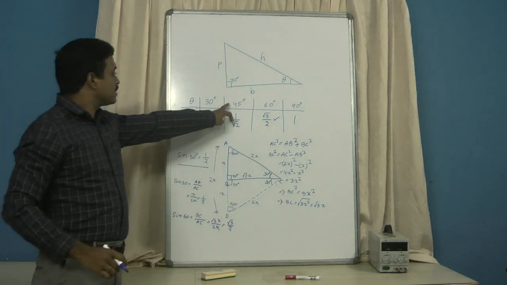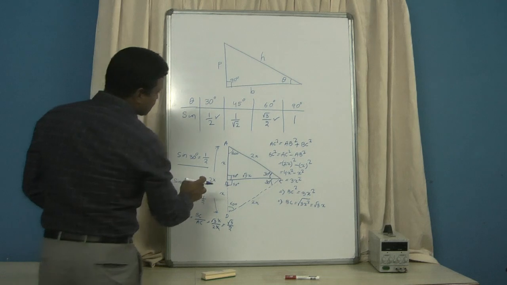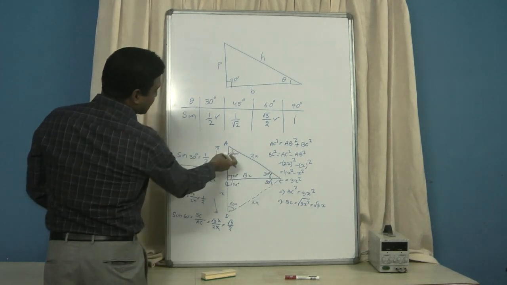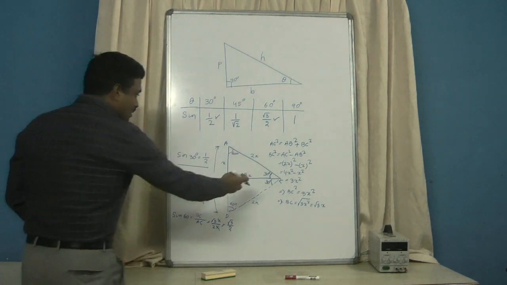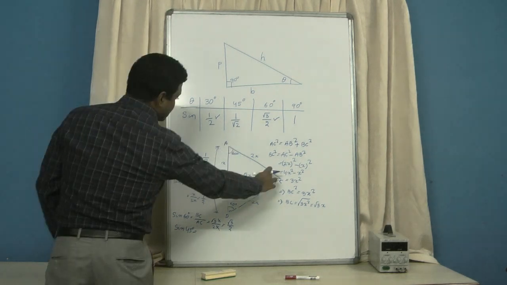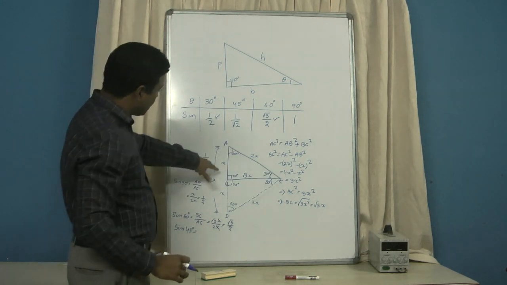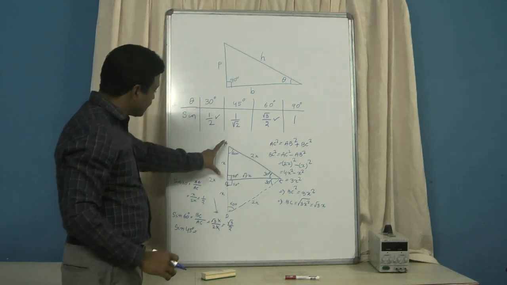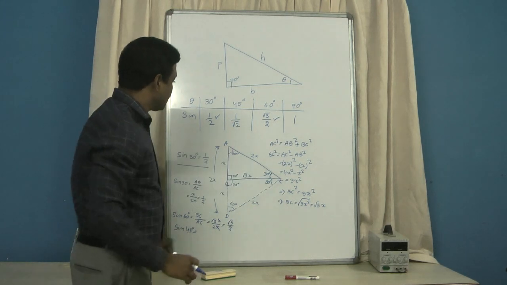Now the remaining is 45 degree. So when this angle is 45 degree, we consider this angle or this angle. So let's consider this angle, sine 45 degree. So if it is 45 degree, then the sine of 45 degree is AB divided by AC.